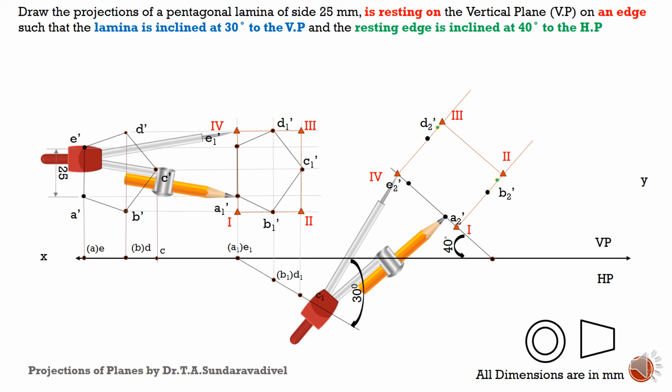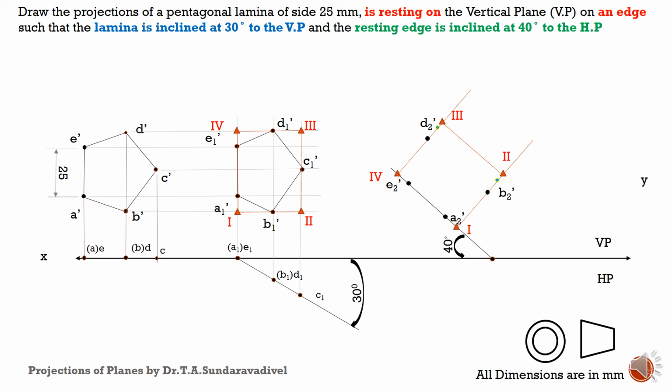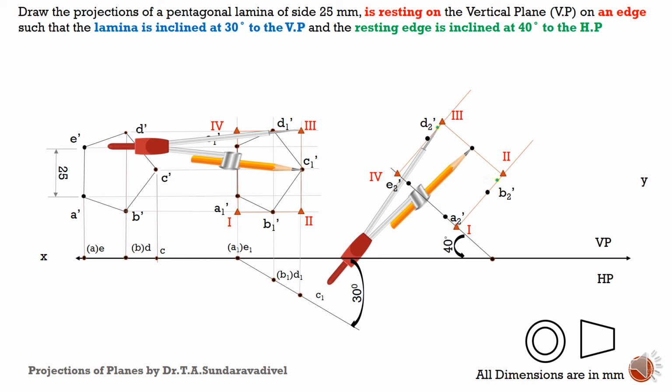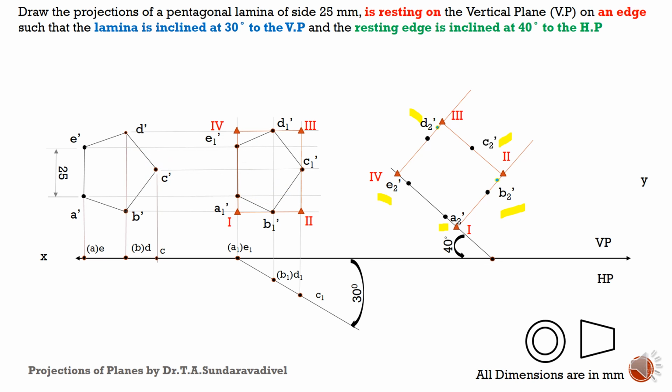The idea is very simple: we have to transfer all the points to the corresponding lines. Then I take 3C and place it on the corresponding line, so I will get C2 dash. So now I got all the 5 points, A, B, C, D and E. Then I am going to join all the points in order.